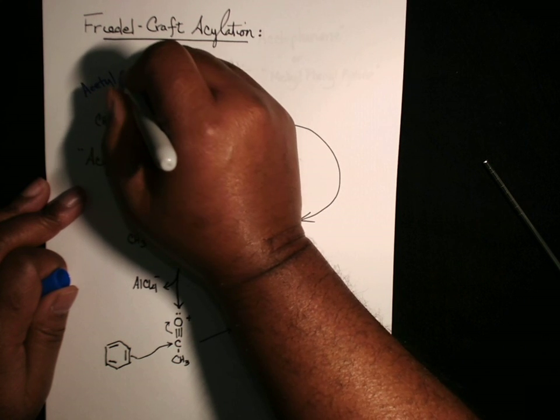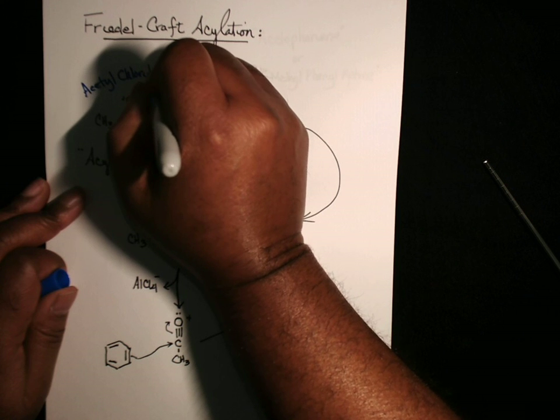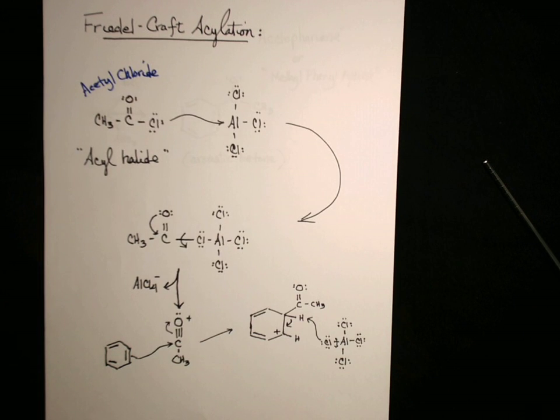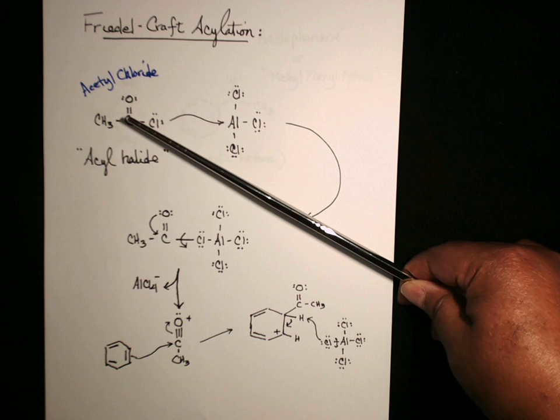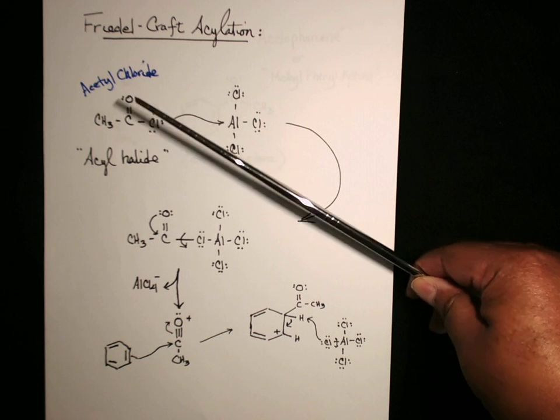Acetyl chloride. Now, if you notice, the acyl group does have a carbonyl carbon. We'll come back to that in a second.